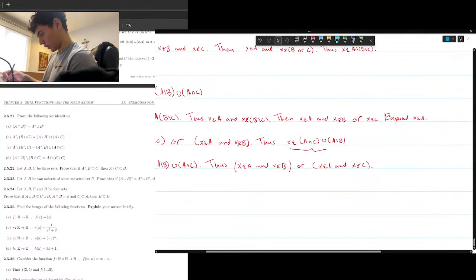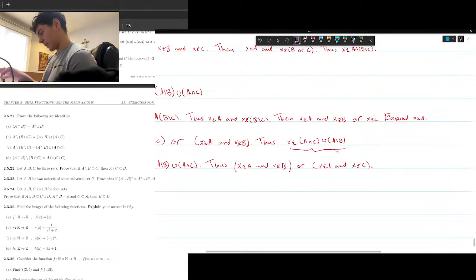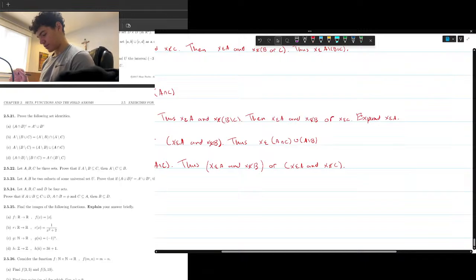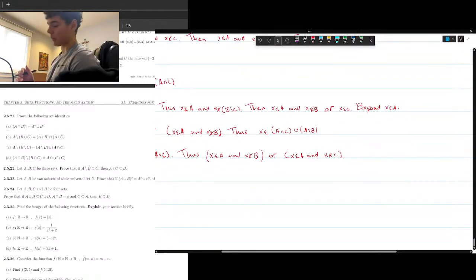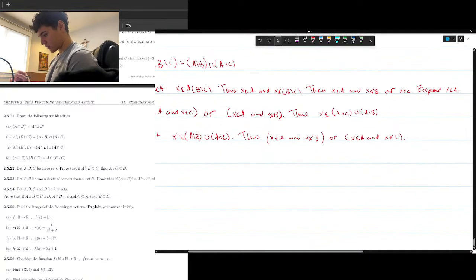Again, this was in the wrong order. Doesn't matter, it's just the way I wrote it. If I was writing this on an exam or something, I would put it in the correct order, but I'm not.